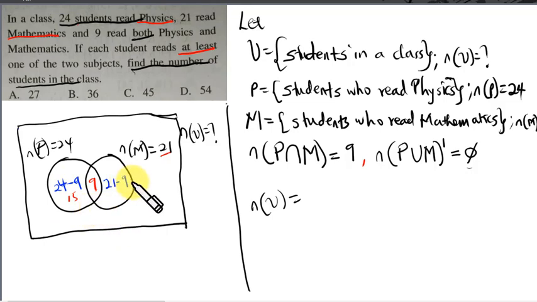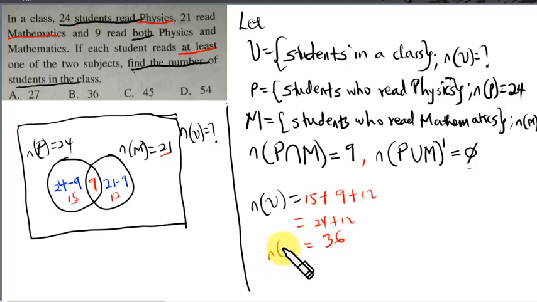And then also I'm going to take 9 out of this, and I think that is going to be 12 here. So essentially what I have here, the universal set is 15 plus 9 plus 12. So this plus that, I'm going to have 24 plus 12, I have 36.